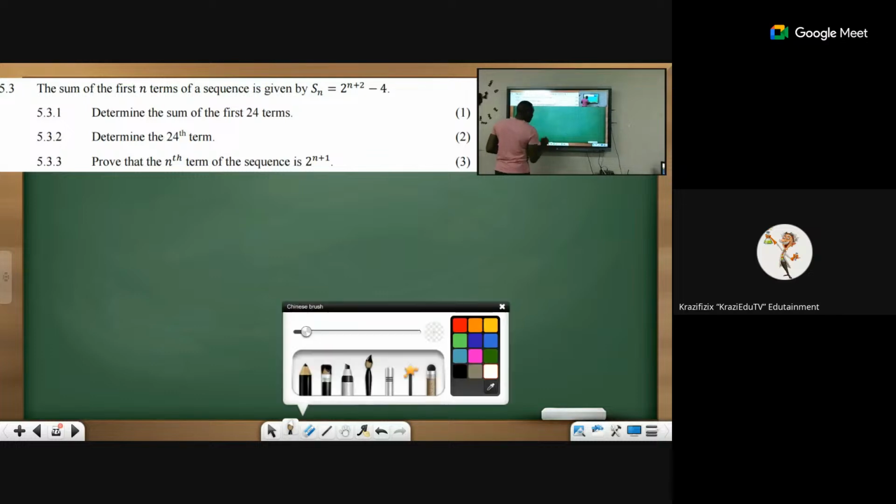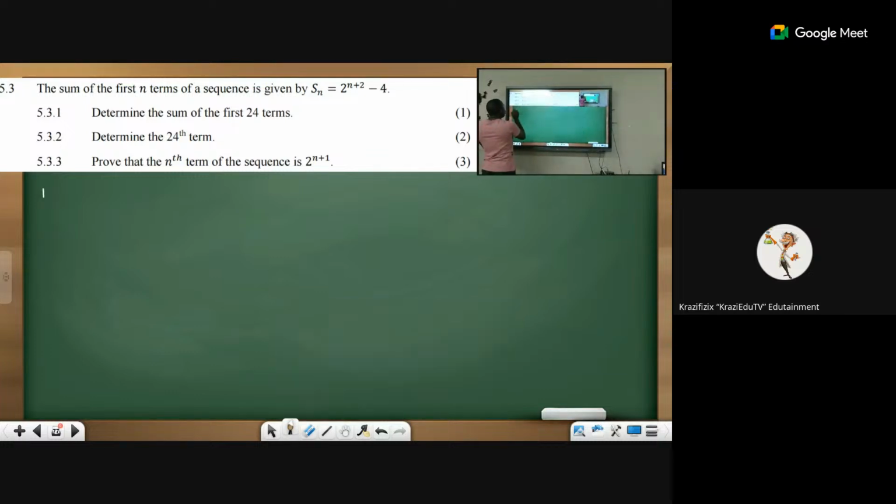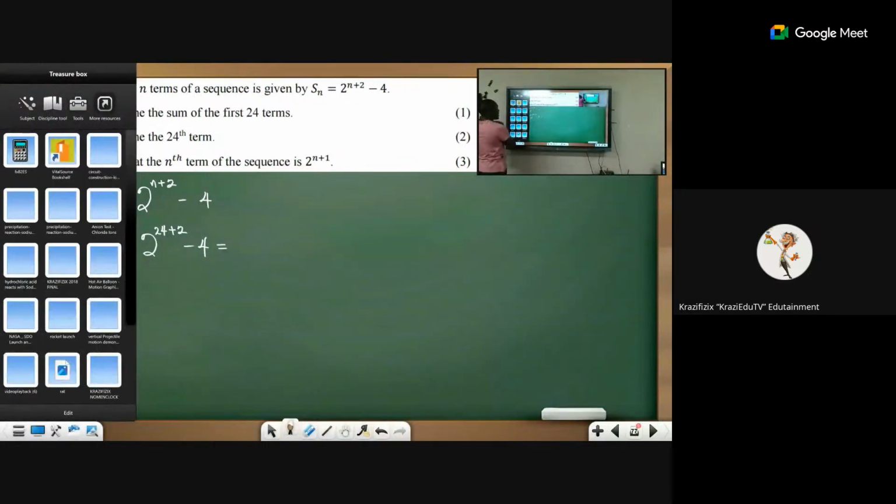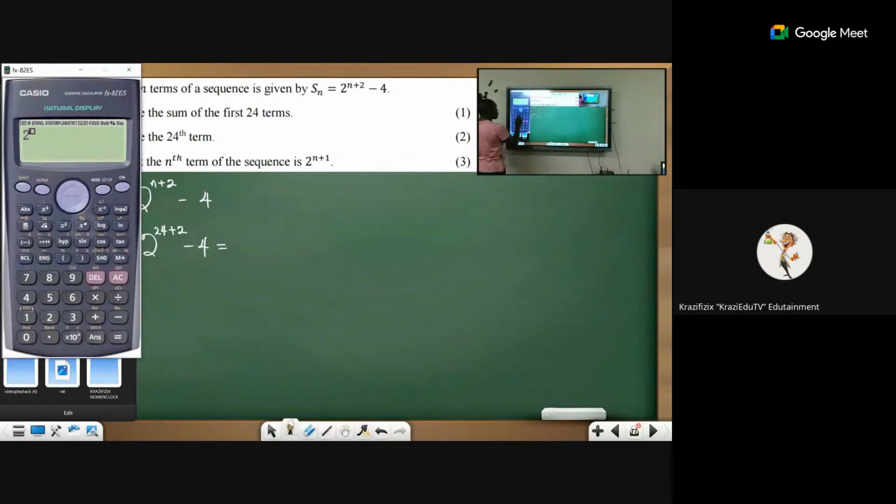Don't forget, we spoke about the relationship between Sn and Tn. Number one, determine the sum of the first 24. Simple. We just put our 24 there. 24 plus 2 minus 4. You put that in a calculator and we're done. It's going to be quite a big number, I think. So we're saying 2 to the power 26 minus 4.